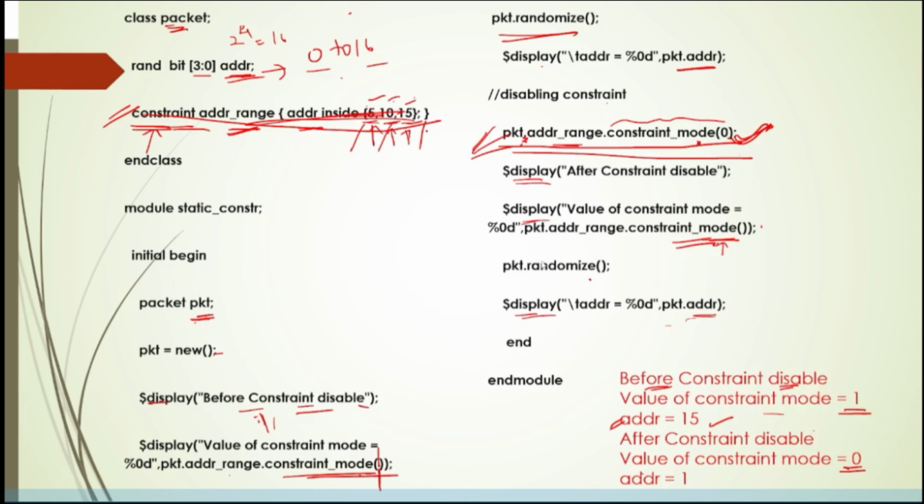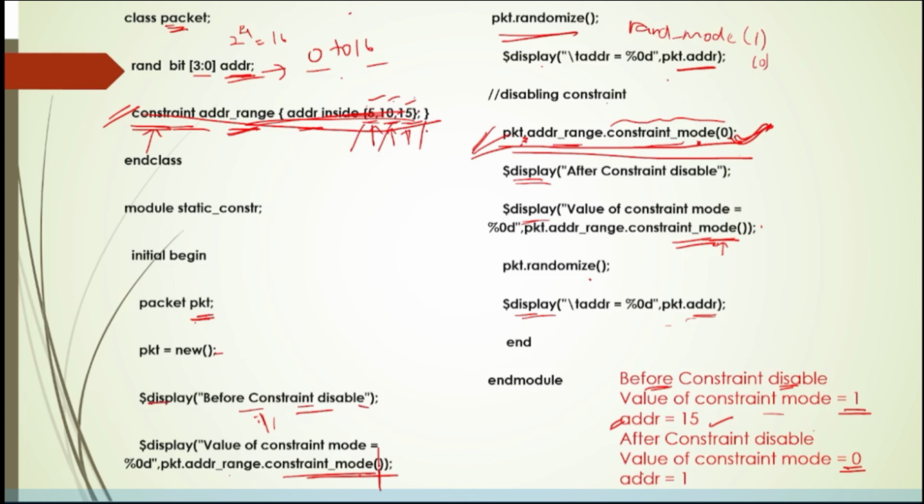Got my point? So this is how you will be using the disable randomization. The same thing you will see for randomization also. But for constraint you will make the constraint mode 0, whereas for randomization you will use rand mode.